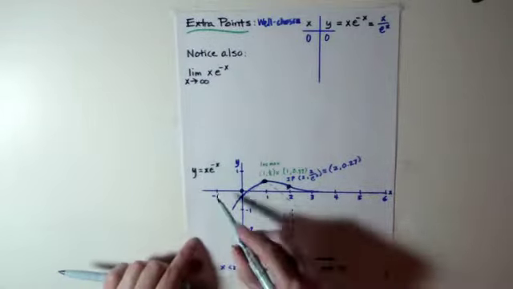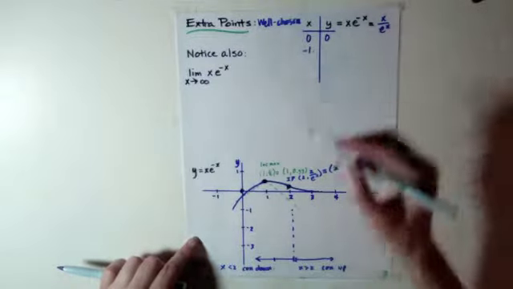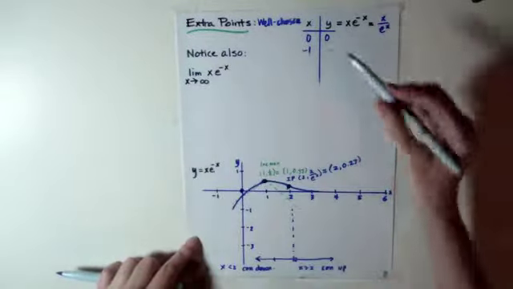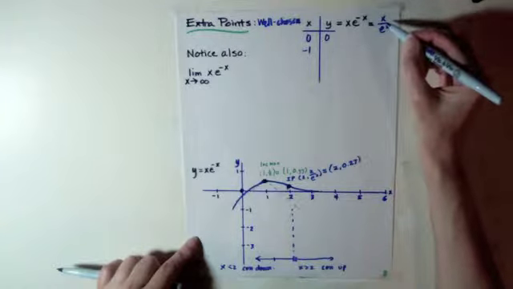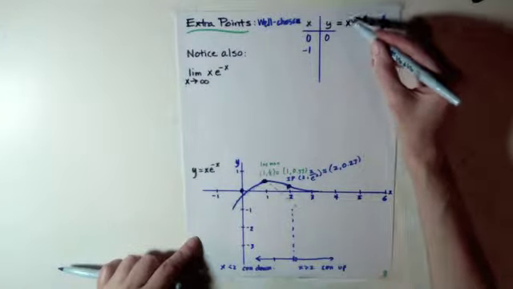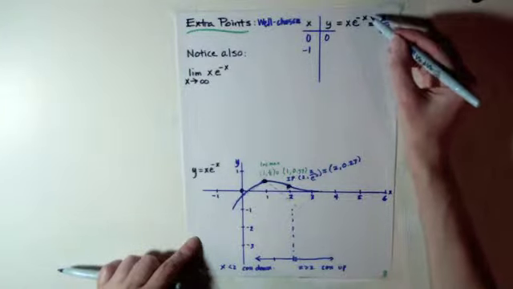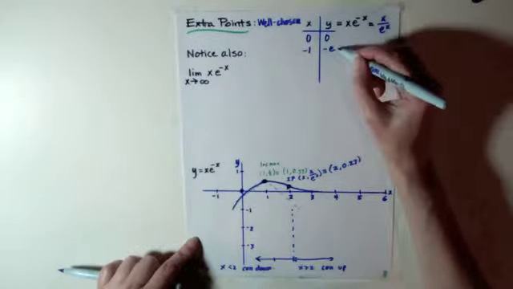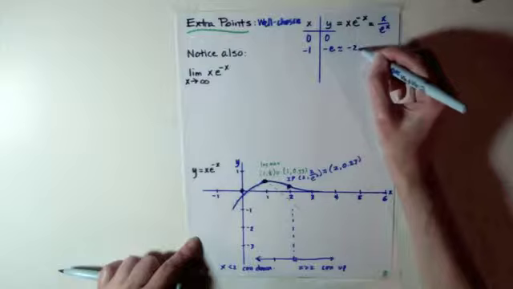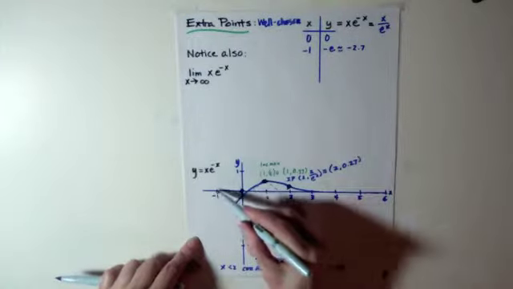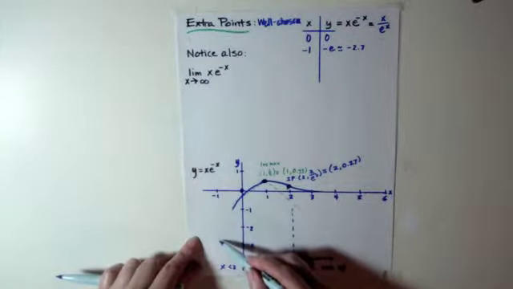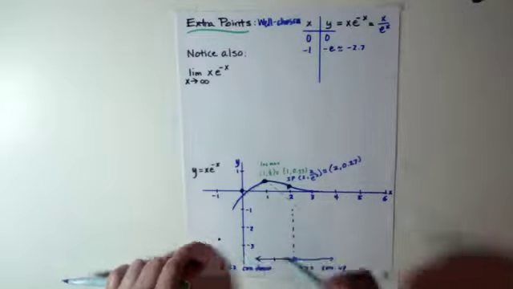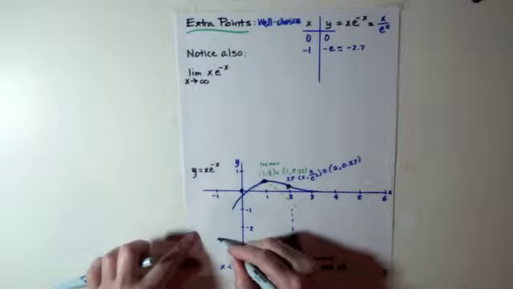I think I plugged in -1 just to get one more point to the left of our interesting points. When you plug -1 into this, you actually get -1 times e to the positive 1. So you actually get minus e as an output value, which is about equal to minus 2.7. So when I plug -1 in, I go down to about 2.7. And let me put that point in purple.